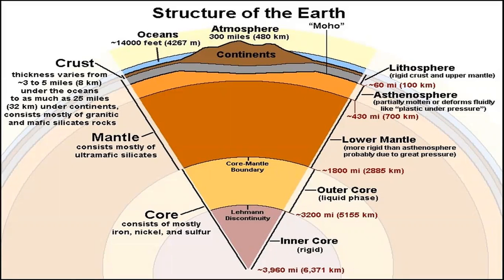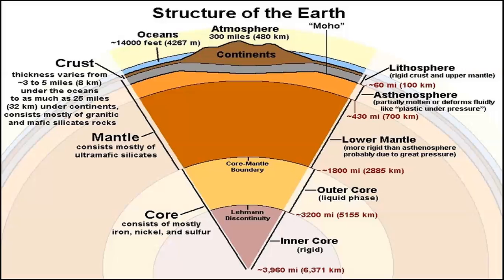The asthenosphere is below the lithosphere. The asthenosphere is also in the upper mantle. And this layer is solid, but not quite so solid. In fact, it's what we call plastic. And it can flow and bend. And it flows kind of like clay.